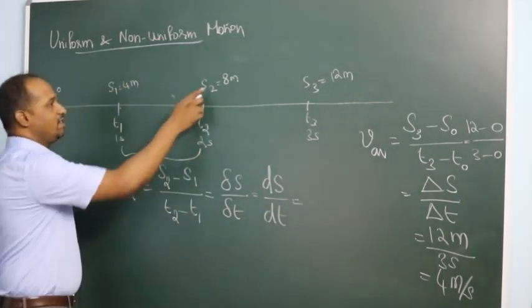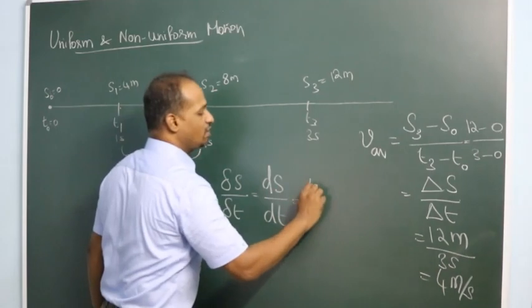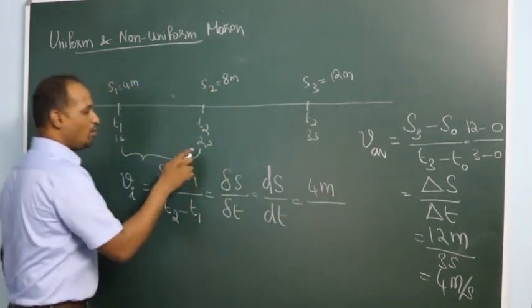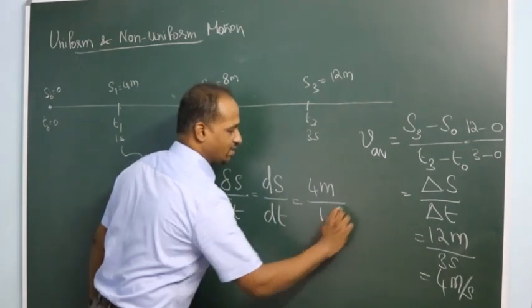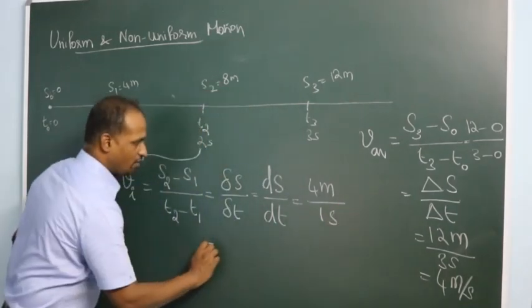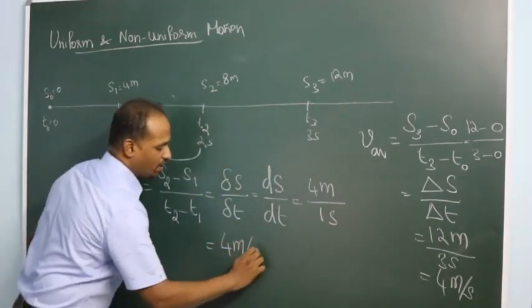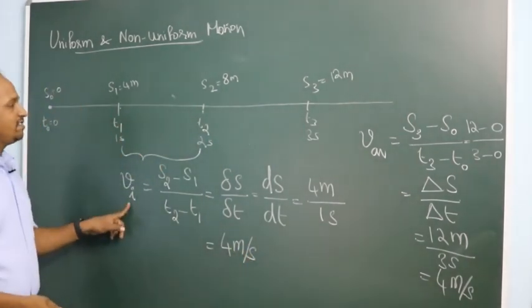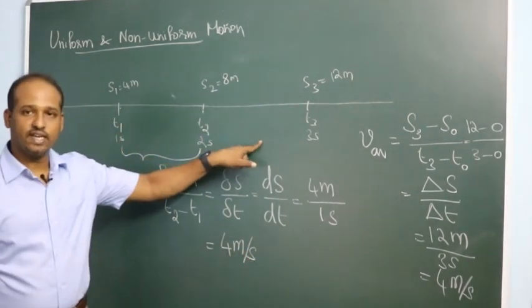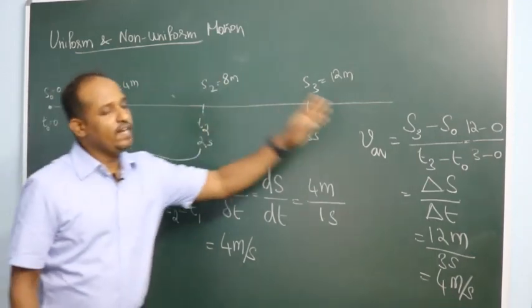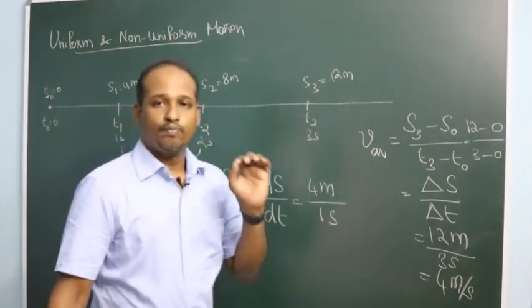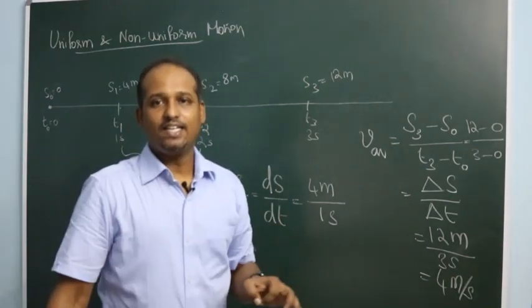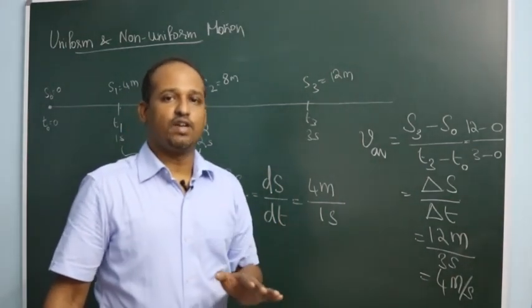What is dS? 8 minus 4, which is 4 meter, by what is dt? 2 seconds minus 1 second, which is 1 second, which is again 4 meter per second. So instantaneous velocity in the second second or third second or the first second or any second, or at the 4th meter or 8th meter, is the same. So in a uniform motion, instantaneous velocity and average velocity are the same.